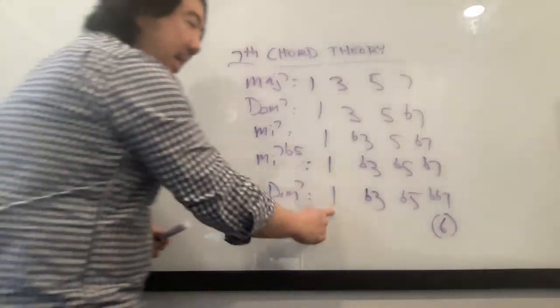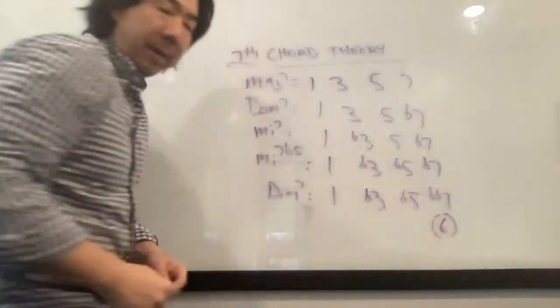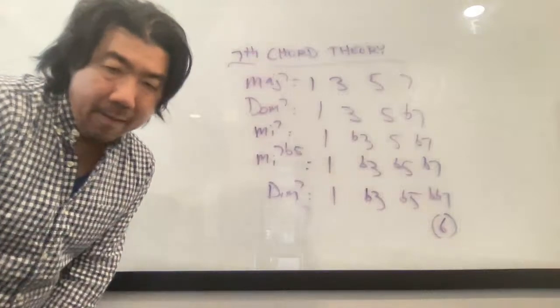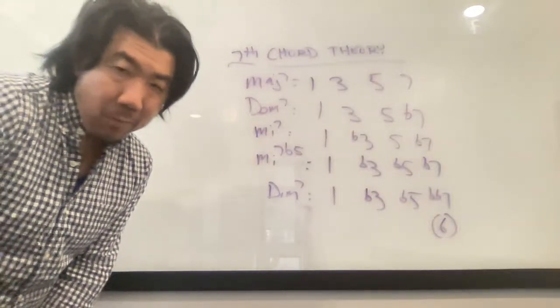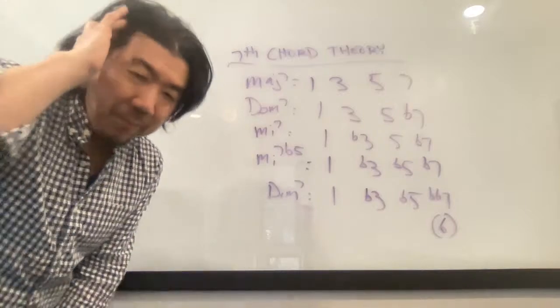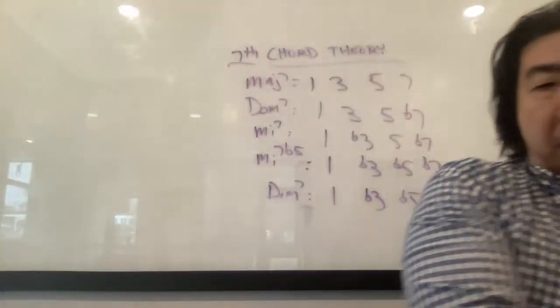So if we're on C, the 6th degree is what? What's the 6th degree of C? That's okay if you don't know it, but that's an A. C to A. It's a 6th degree.